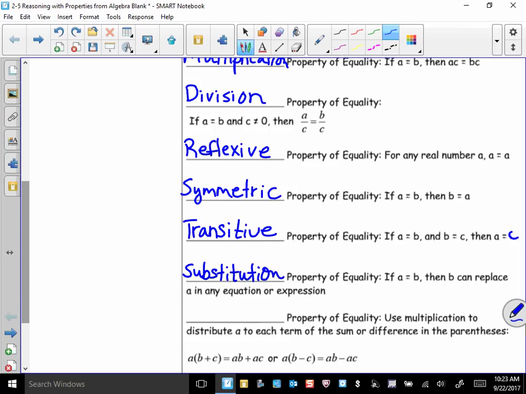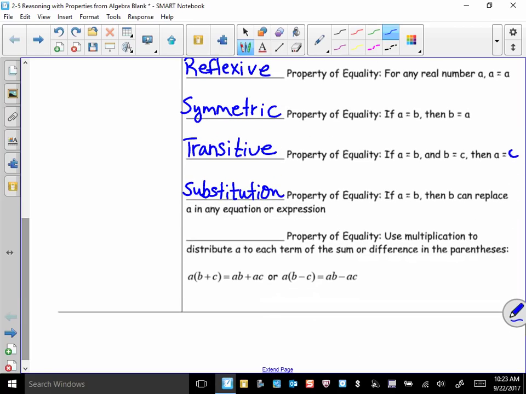As I said, you've been using these properties for a long time since you started doing Algebra 1. And finally, this property here, where I distribute the A to everything that's in parentheses, is called the distributive property.